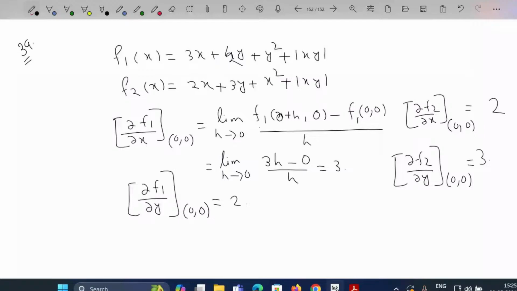Check the continuity of the functions at least in the neighborhood of (0, 0). You will check that it will be continuous, so we are not doing it here. But what will be the matrix of F then? The derivative of F at (0, 0) will be 3, 2, 2, 3.